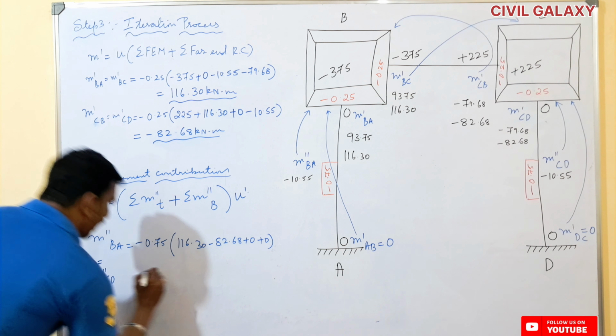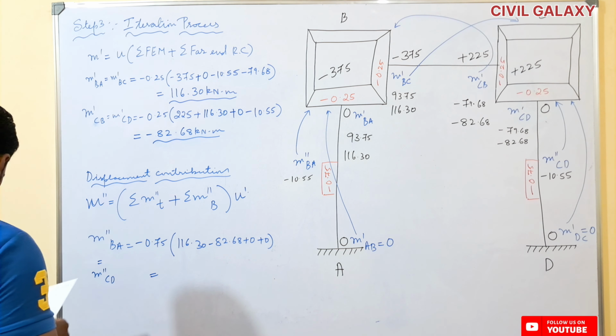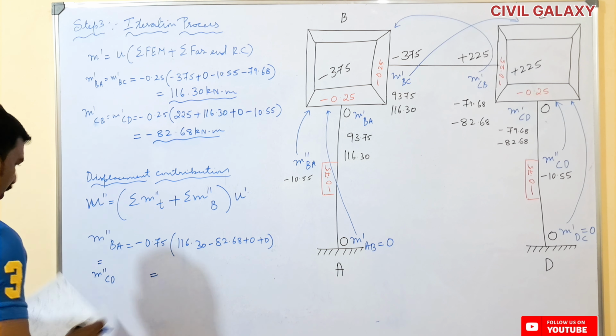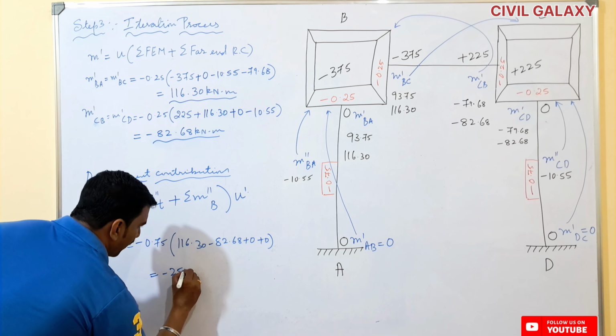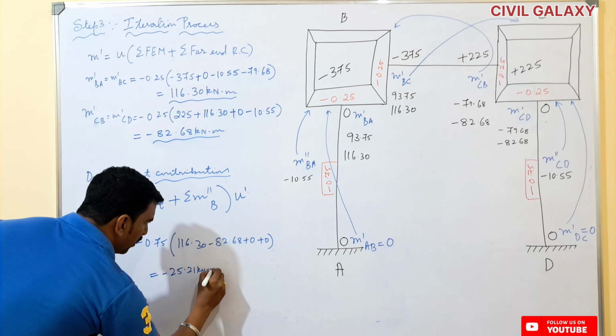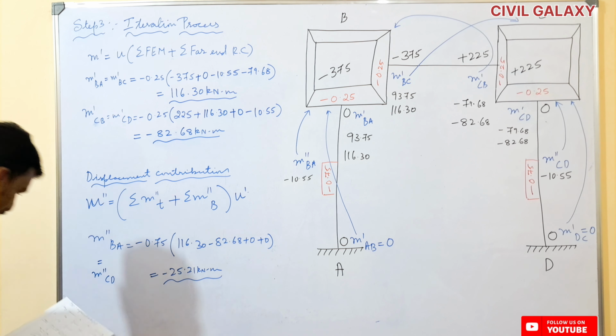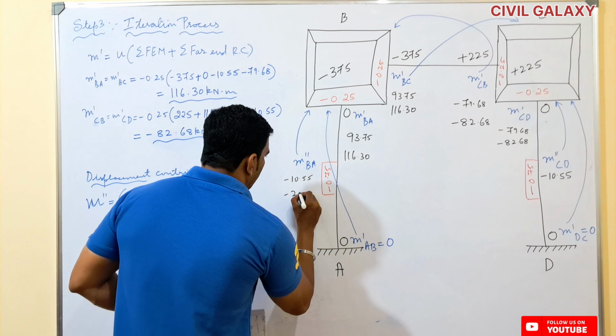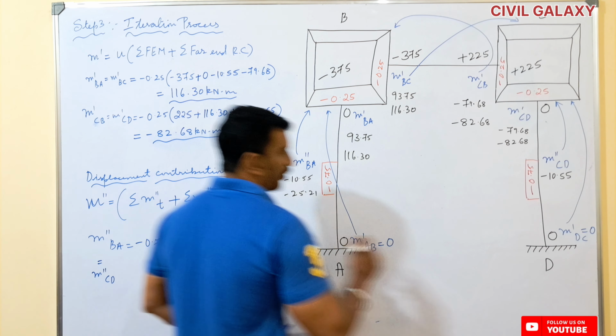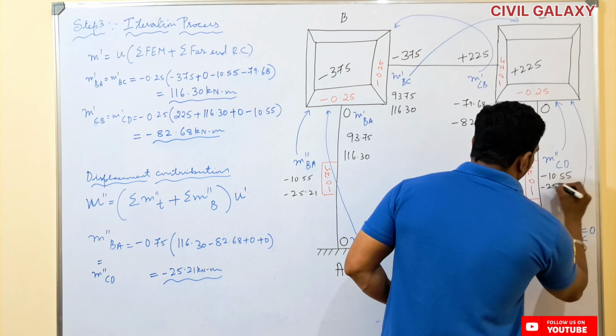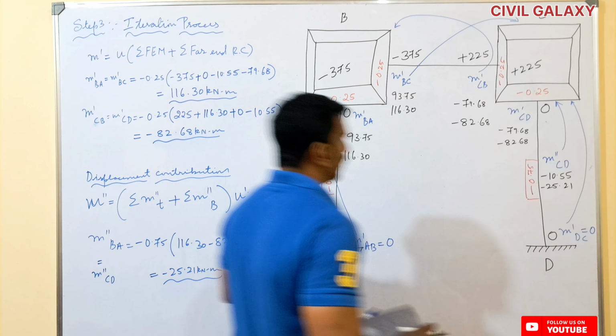So we are getting a value of minus 25.21 kilonewton meters. So this value we will provide over here, which is minus 25.21. So here also minus 25.21.